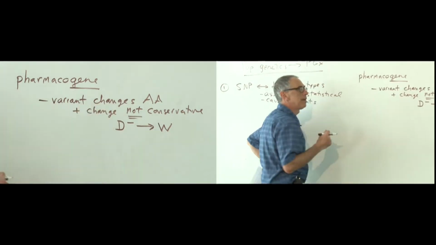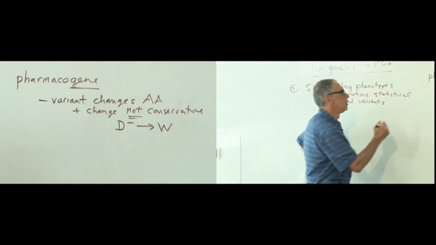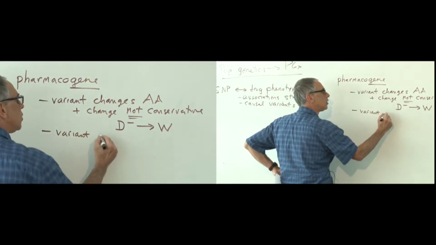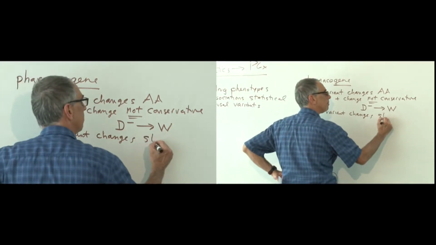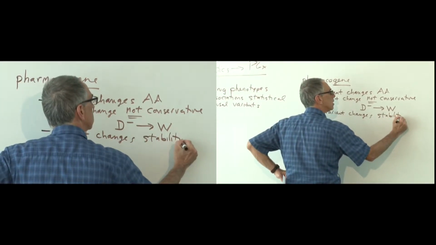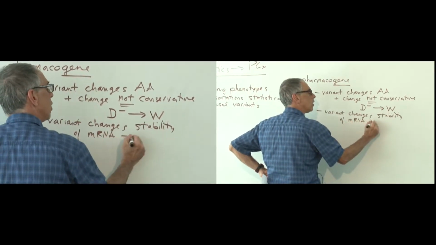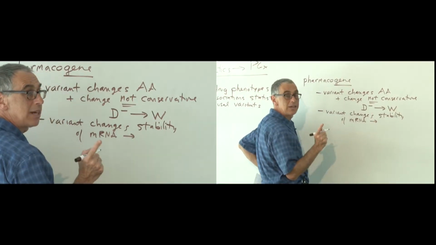If it doesn't change the amino acid, it could still be the causative variant. So you could imagine a variant that changes the stability of the messenger RNA. So it may or may not be amino acid changing. It may actually be synonymous.